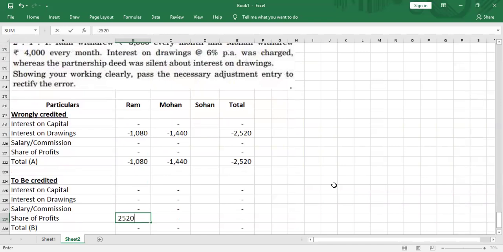So 2,520 into 2 by 4, 2,520 into 1 by 4, 2,520 into 1 by 4.